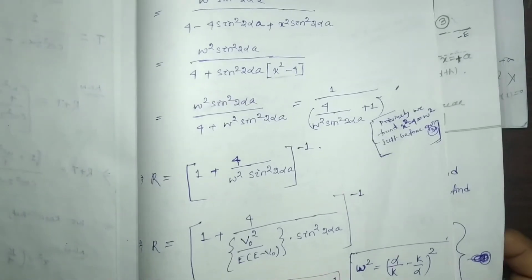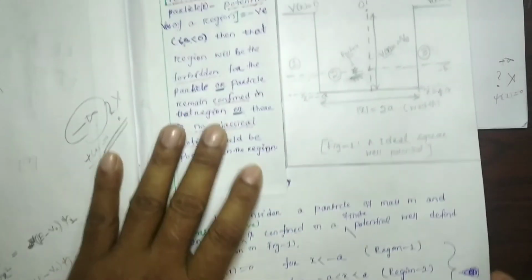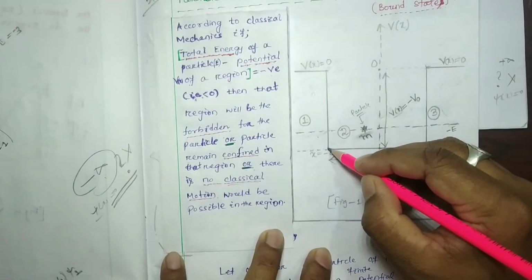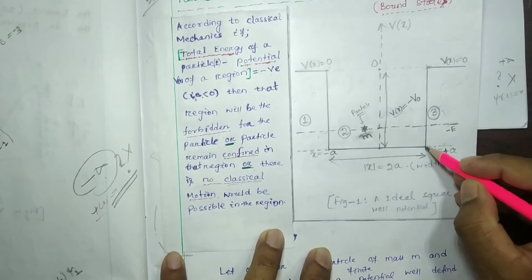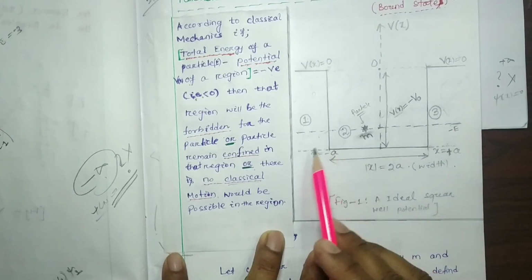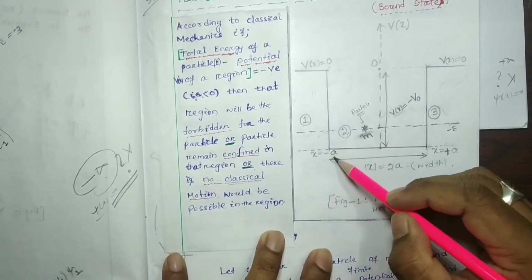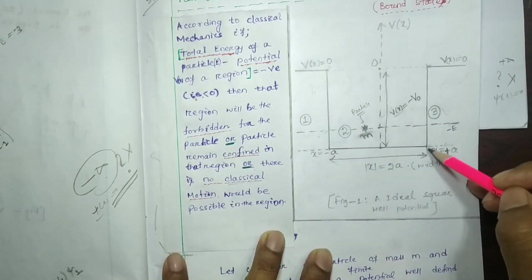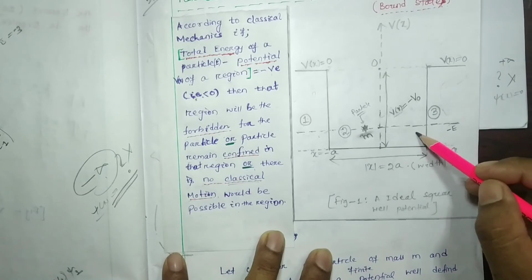So minus a and plus a are the two boundaries. Here this is one boundary, and this is one boundary. Boundary means it is separating two regions. The boundary at x equals minus a separates region 1 and region 2. The one at x equals plus a separates region 2 and region 3.